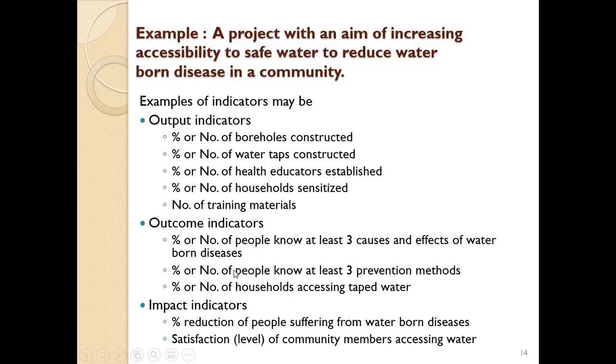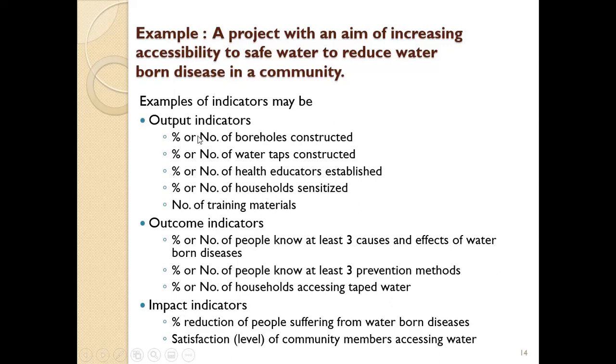Okay, so if the knowledge has improved, maybe through educator processes and so on, then you should be able to reduce the number of people suffering from waterborne diseases within a certain period of time.